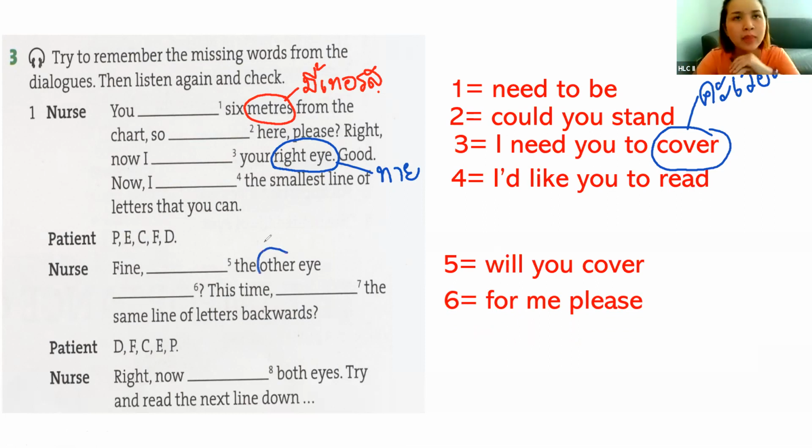This one, I found a lot of my students mispronounce this word, other. It's actually other, it's not all. Okay, I'm gonna write it down just to make it clear.